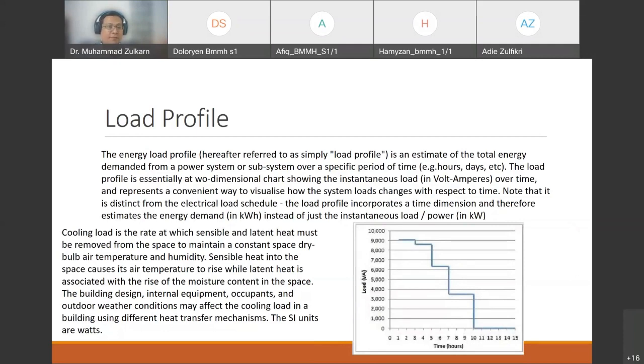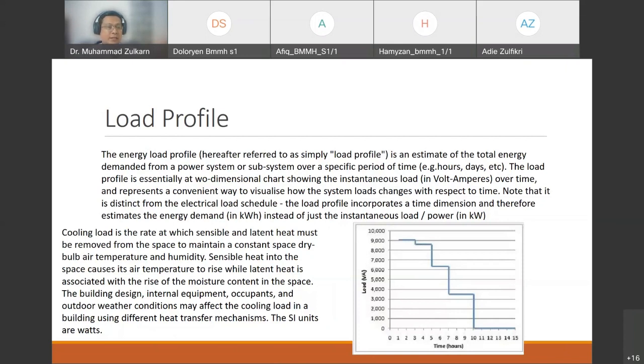The load profile is essentially a two-dimensional chart showing the instantaneous load, which can be in volt-ampere or kilowatt power, or energy in the unit kilowatt-hour, over time, and represents a convenient way to visualize how the system loads change with respect to time. Anything energy consuming will be reflected in time.